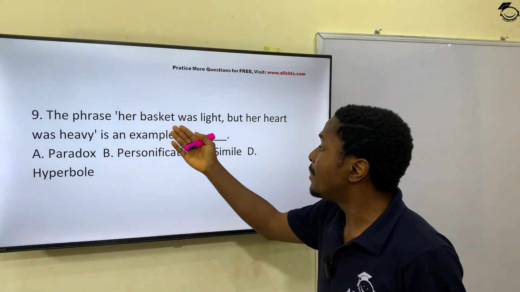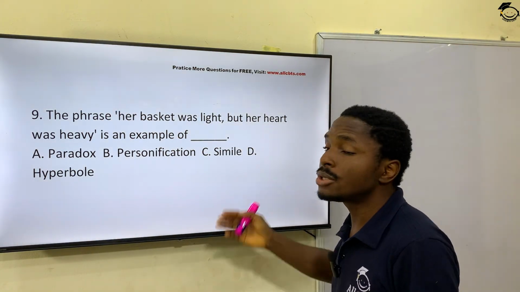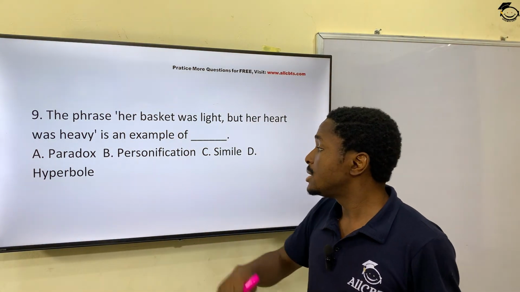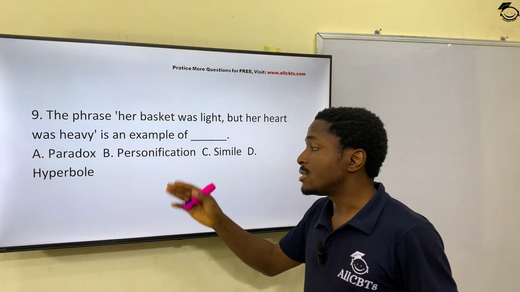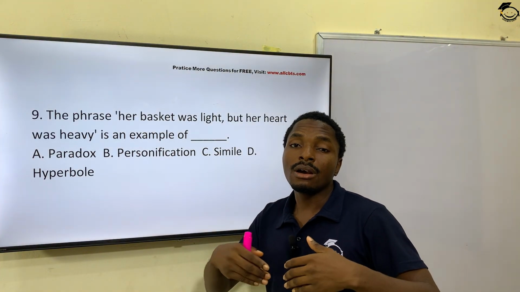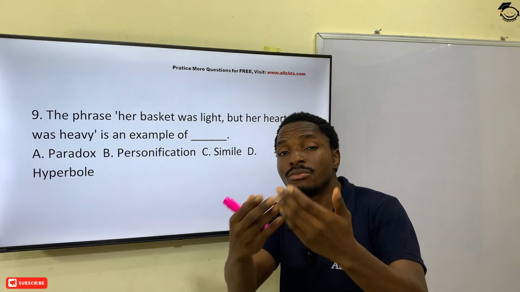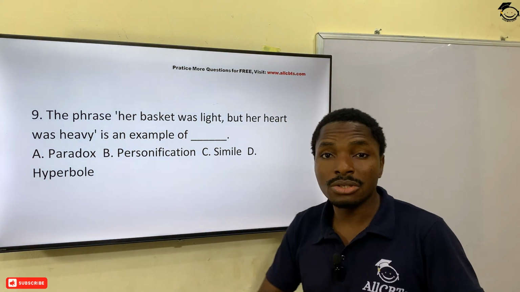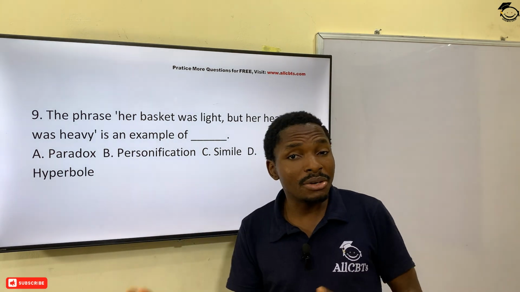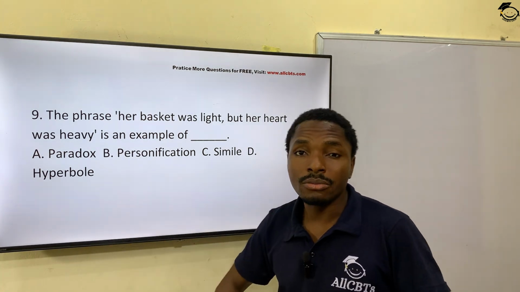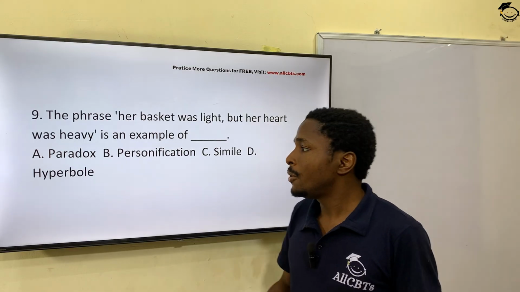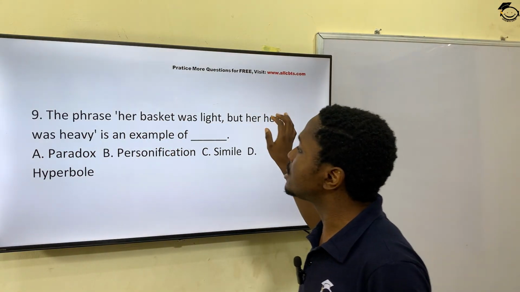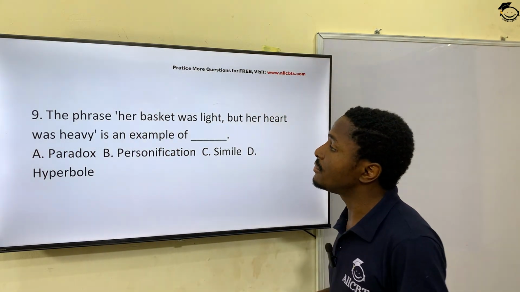Her basket was light, but her heart was heavy. It's a paradoxical statement. What of personification? Personification is simply attributing the character of a human to an inanimate thing. What is simile? The use of as or like in comparison. Hyperbole, exaggeration. So paradox is the correct figure of speech for that phrase.